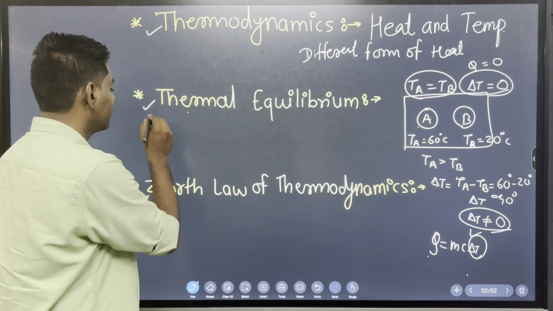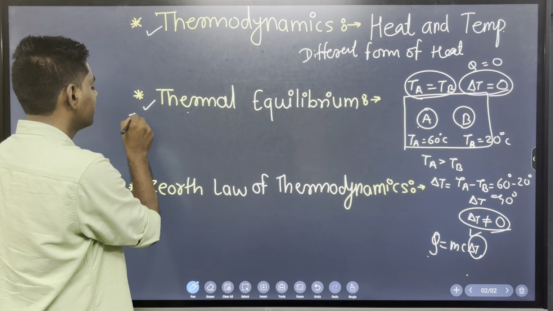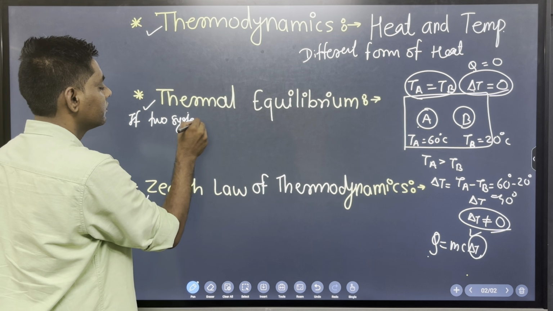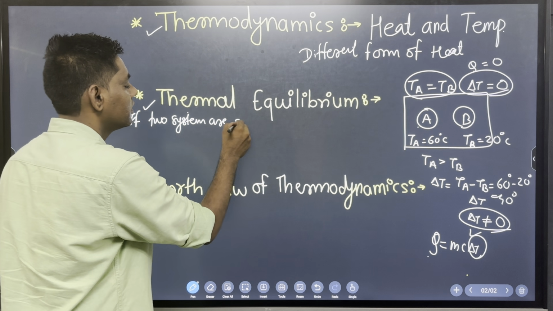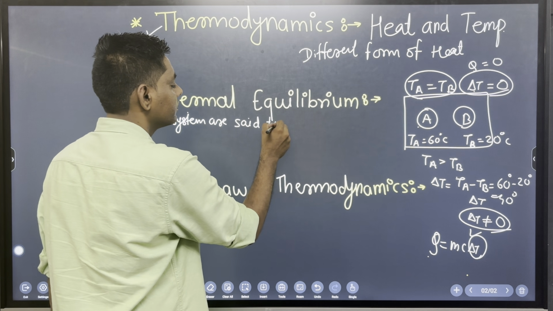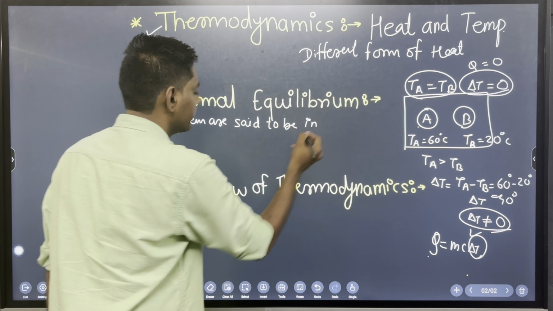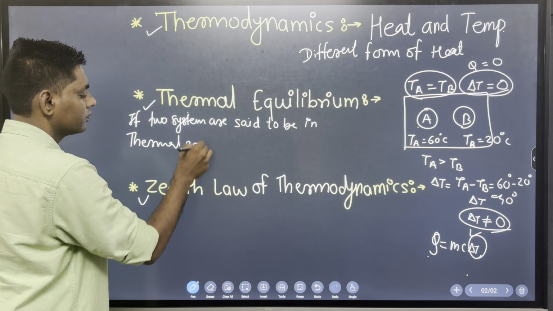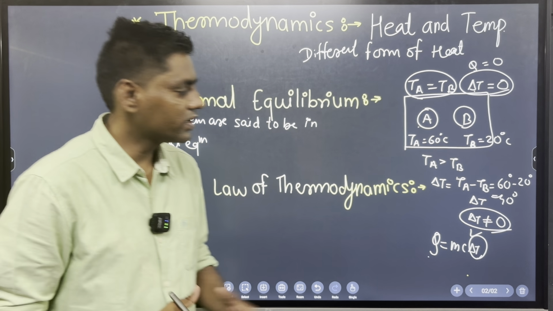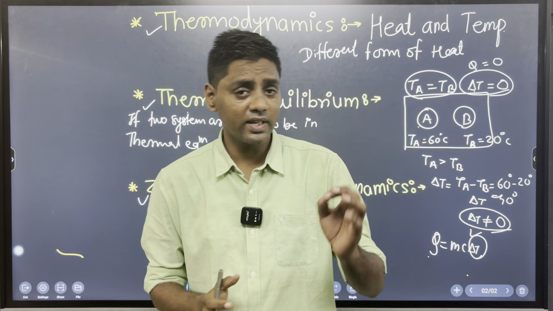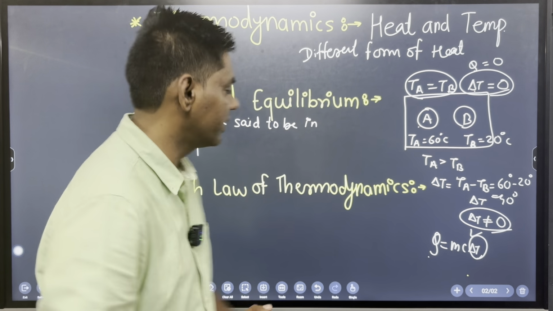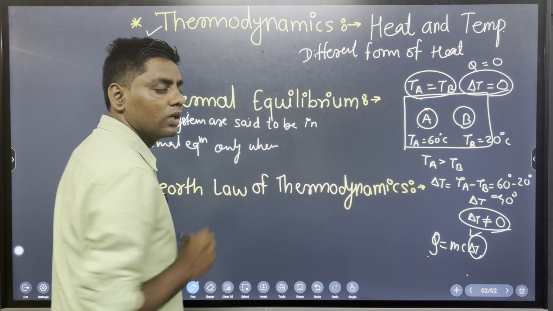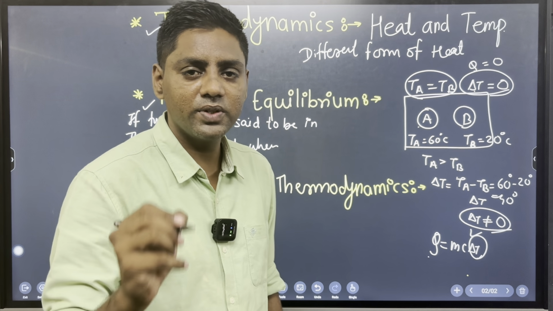Two systems, here two objects we consider, are said to be in thermal equilibrium only when the temperatures of both objects are the same.